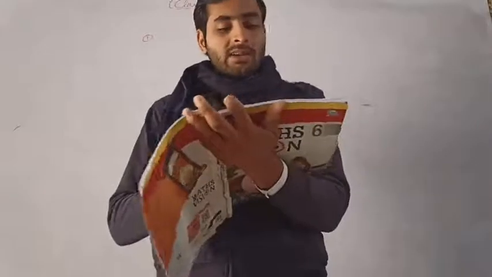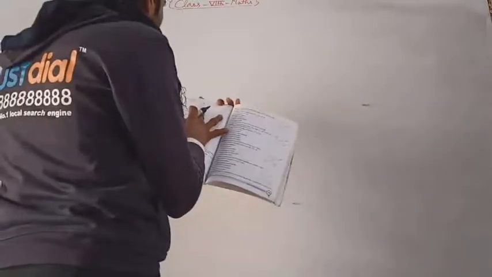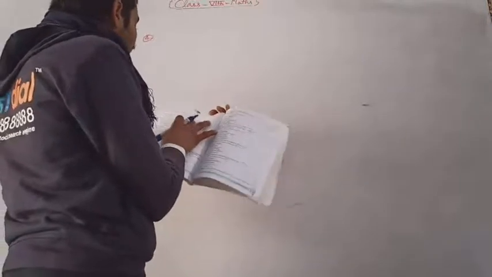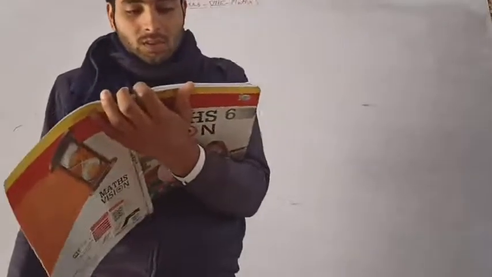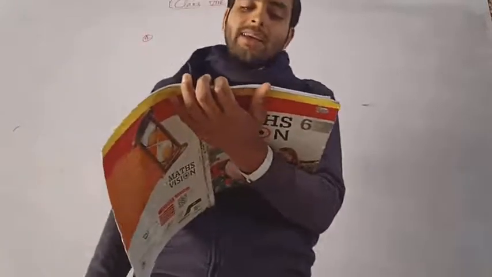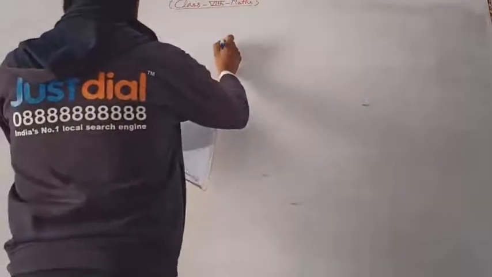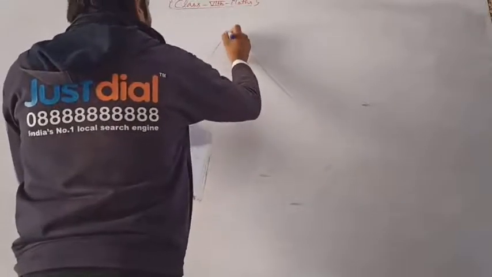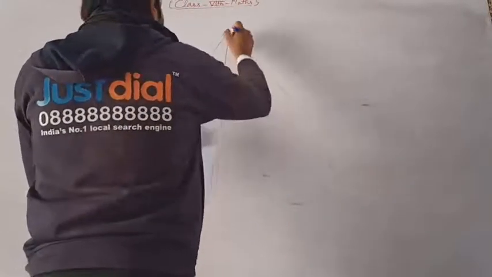Again, in problem number 4, given a figure, you have to identify the equilateral triangle, isosceles triangle and scalene triangle. So the equilateral triangle here is ABC, the whole triangle is known as an equilateral triangle.